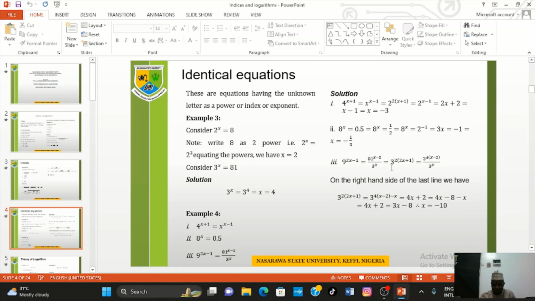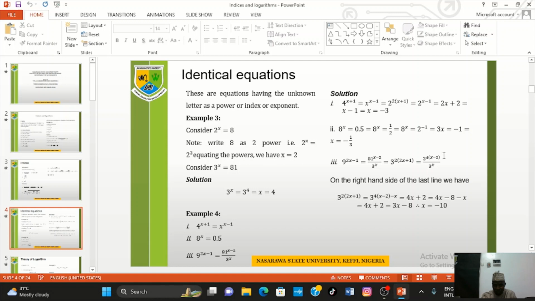Now since the base is all the same, the left hand side will be written as this. And the right hand side, according to the law of indices, if you are dividing, then you what? You subtract the power.